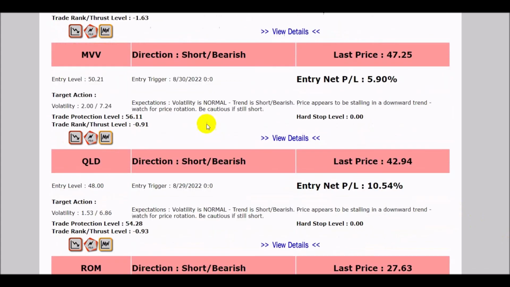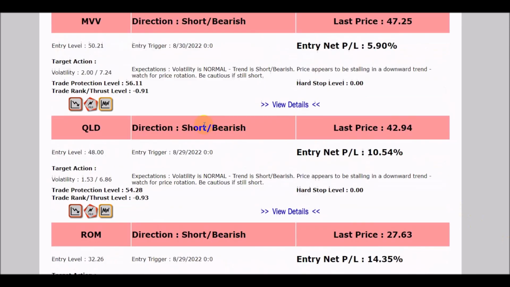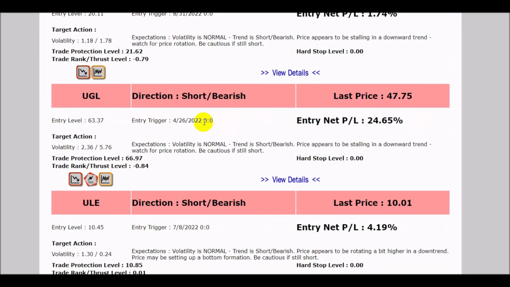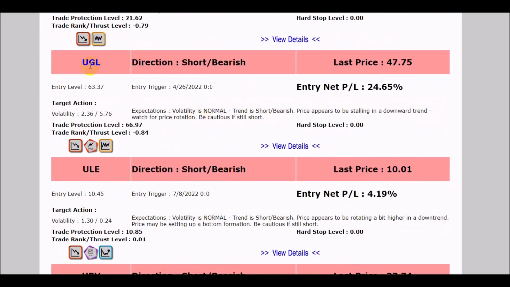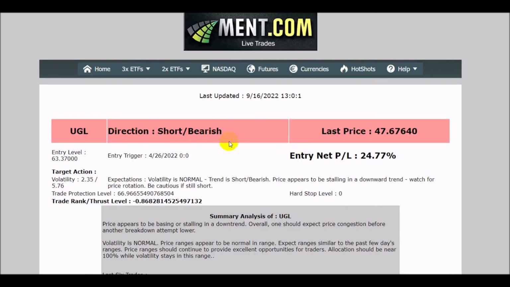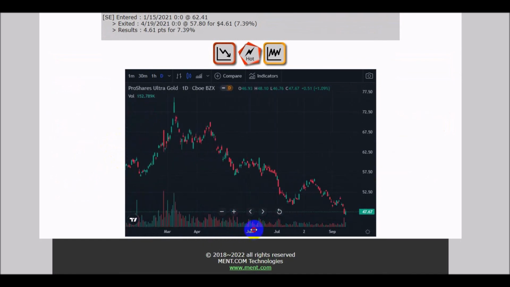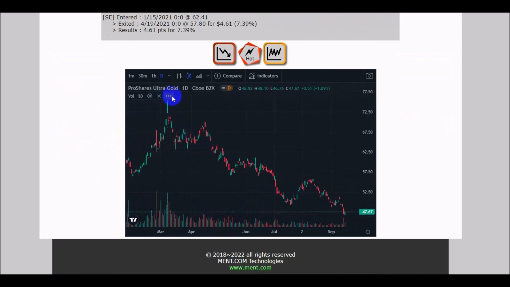So let's come down here, look for something that's fairly long-term. Down here near the bottom. Okay, UGL got into a trade on 426. So when we come back over here and we scroll down to look at the trade, it got into a short trade way back over here, 426.